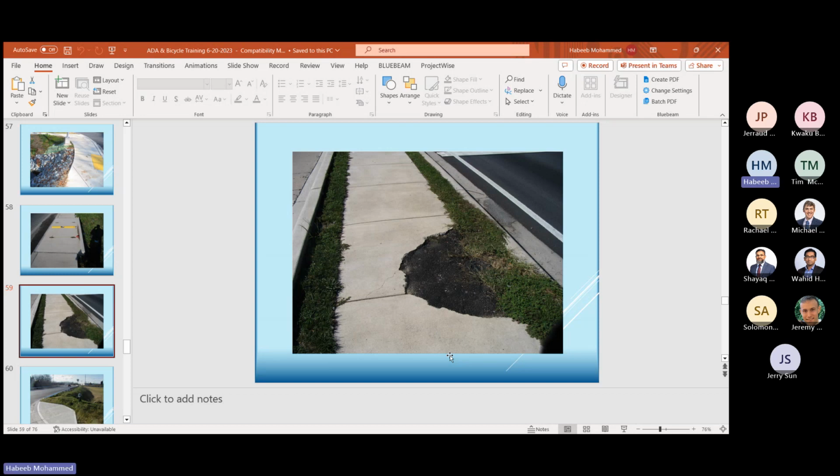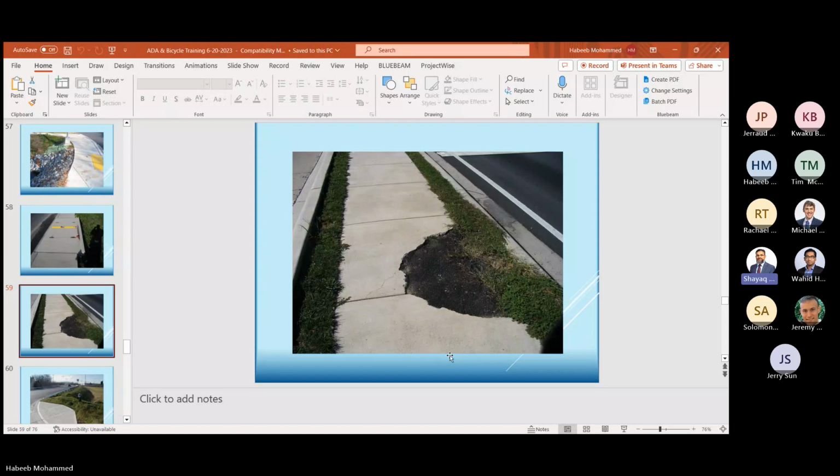There are two things here. Cross slope has to always be 2% for a sidewalk, but the running slope has to match the roadway. So it can go up to 10% or something.